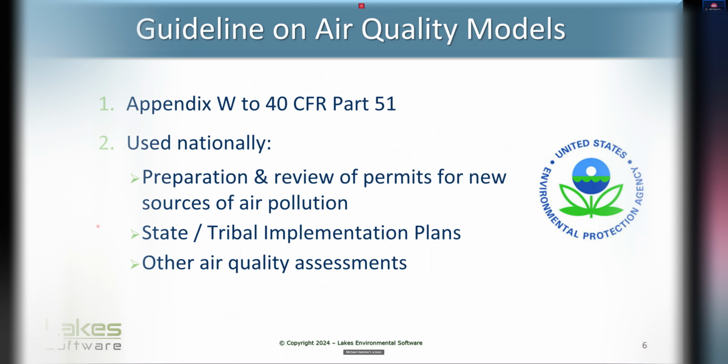The Guideline on Air Quality Models is used nationally in the United States for determining and dictating how air models should be used in the preparation and review of permits for new sources of air pollution, as well as state and tribal implementation plans and other air quality assessments.